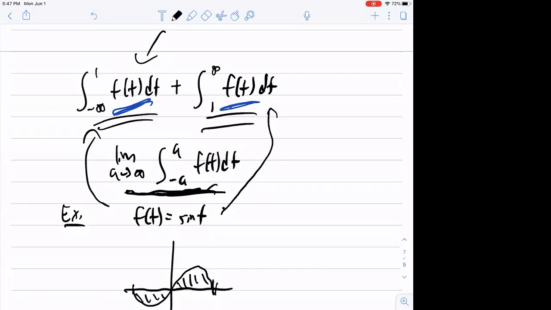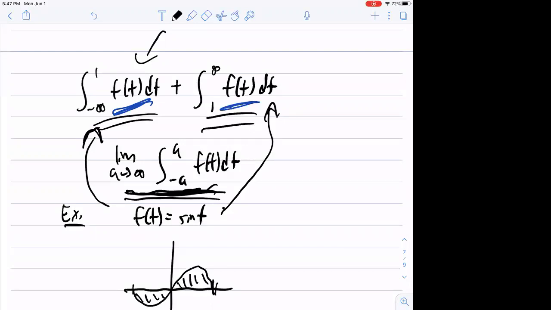It could be you go to infinity faster and then negative infinity slower. So that's the reason why you need these two, because this thing only considers the case where you're going to infinity and negative infinity at the same rate. But it could be that one of them goes like n, the limit as n goes to infinity of n, but the other goes to infinity like n squared or something.